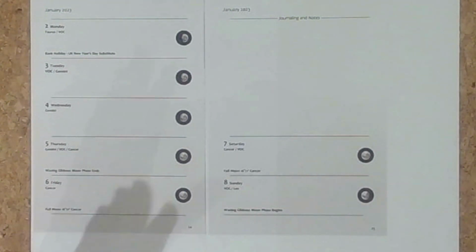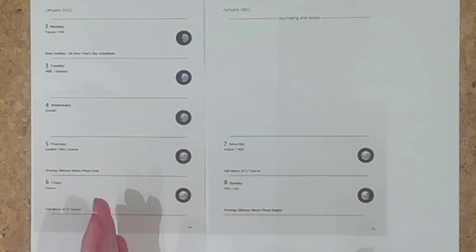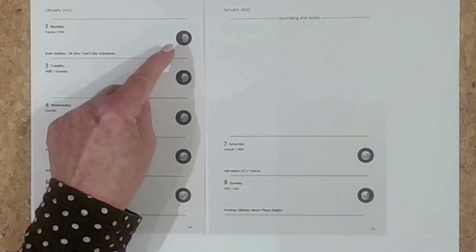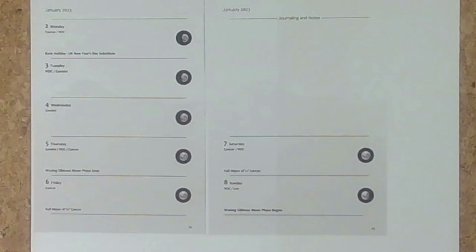But what we're seeing is, and this will be in every moon diary you use, you will see at some point that the phase of the moon will be shown to you. And you will also see, this is the second thing, that top layer, we have the phase of the moon. The second layer, the zodiac sign, is the sign that the moon is in. Some diaries will also give you information about whether the moon is in a void of course period.